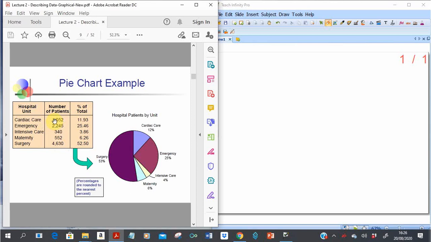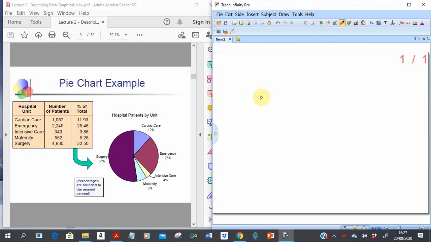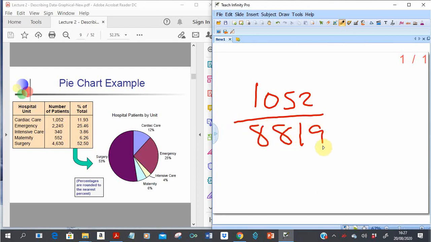Then to find the percentage of the first, the cardiac care, we're just going to have 1,052 over the total frequency, and then we multiply by 100.